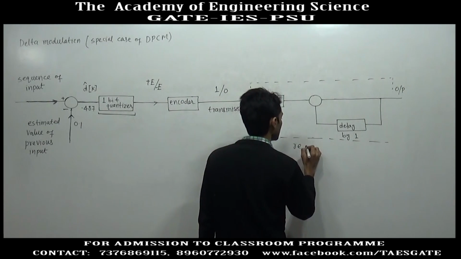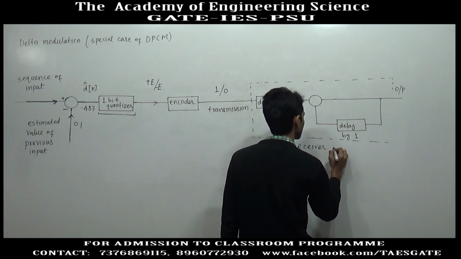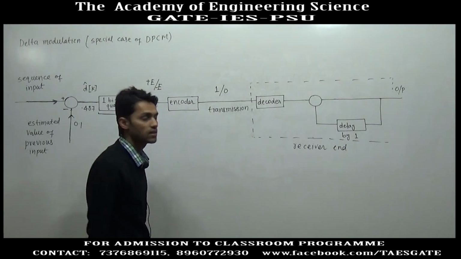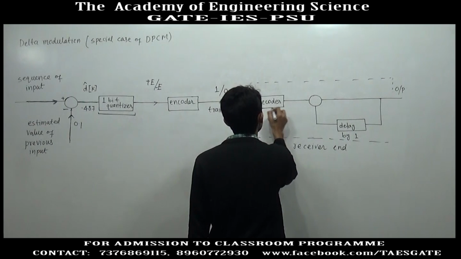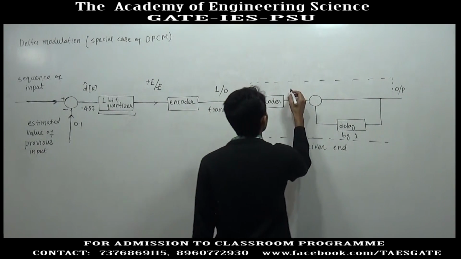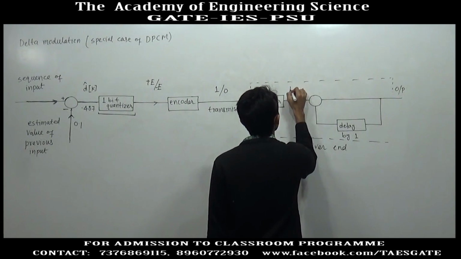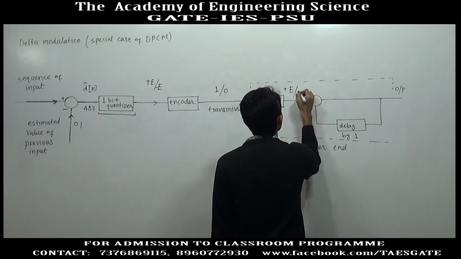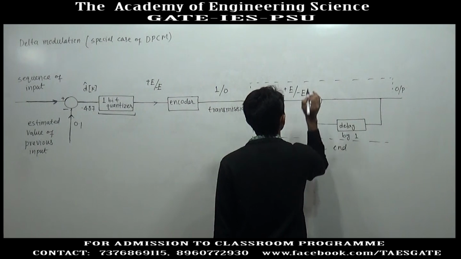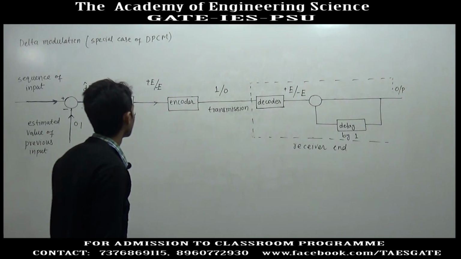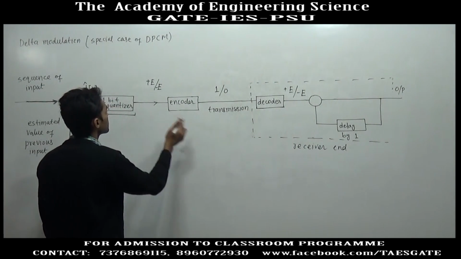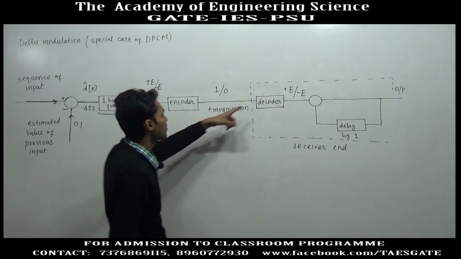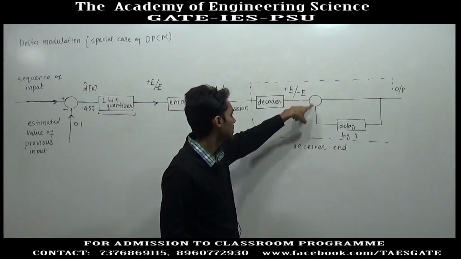This is the receiver end. Depending upon plus E and minus E, 1 or 0 will be transmitted, and here we will have the decoder. Corresponding to 1, the output of the decoder will be plus E, and corresponding to 0, the output will be minus E. So, equivalently we can say that plus E or minus E will be received at the receiver end.